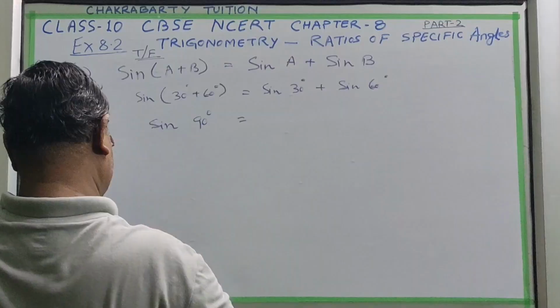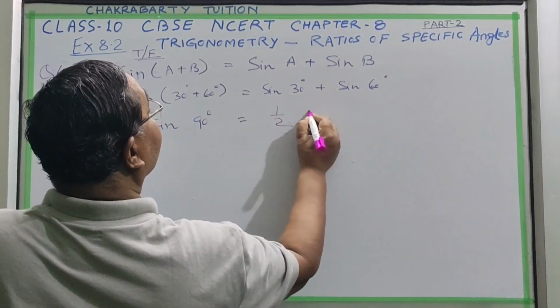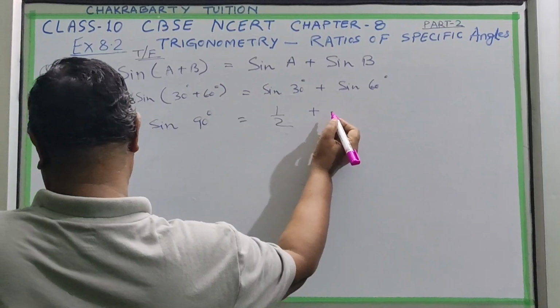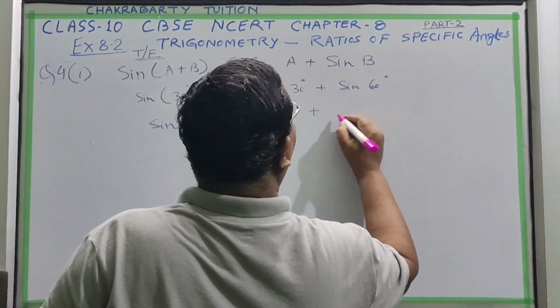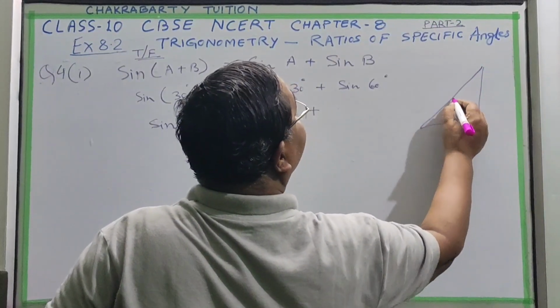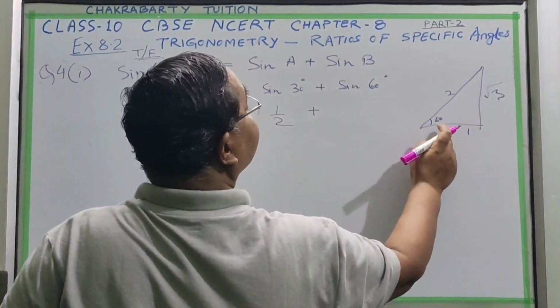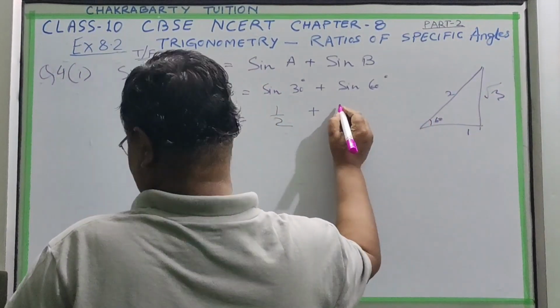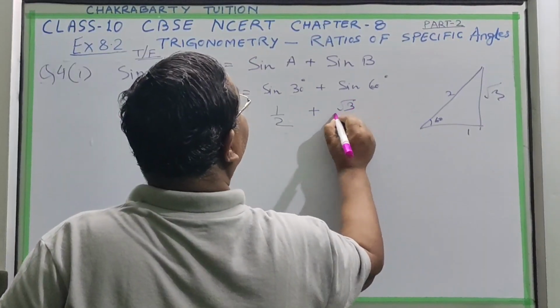Now sin 30 degree. Sin 30 is 1 upon 2 plus sin 60 degree you have to write. Sin 60 will be under root 3 by 2.